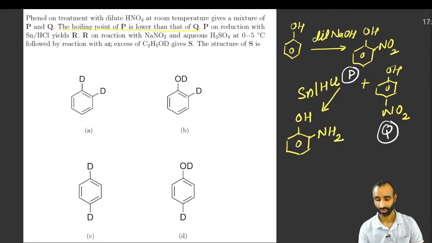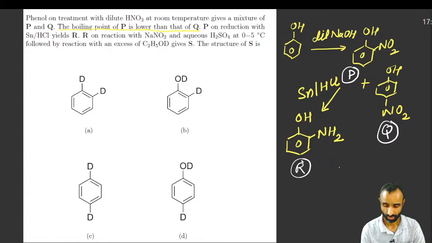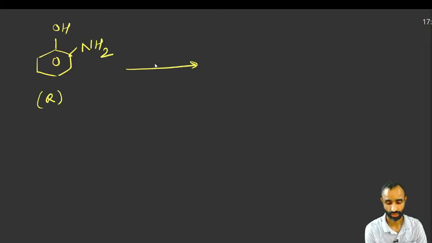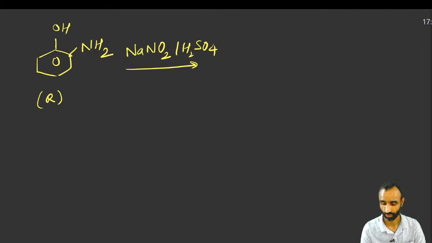Then this is R. Now this R, with OH and NH2, is treated with NaNO2 H2SO4.